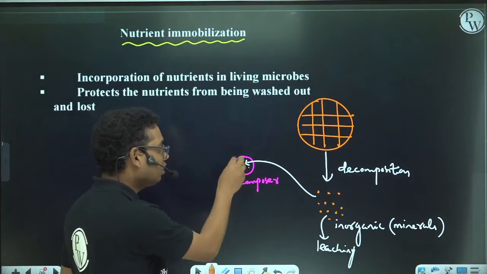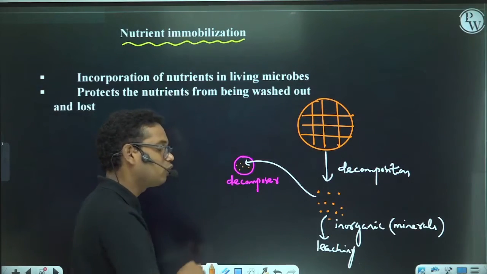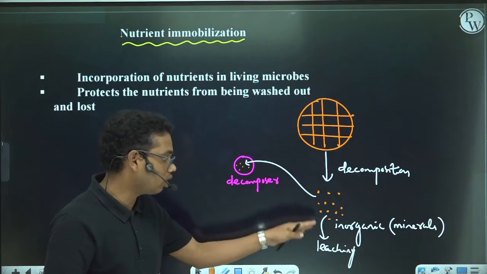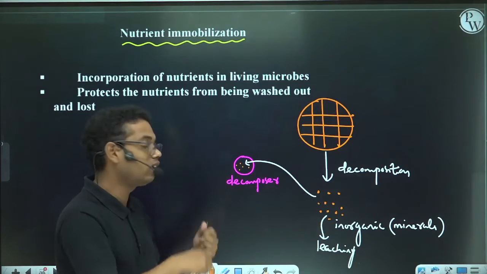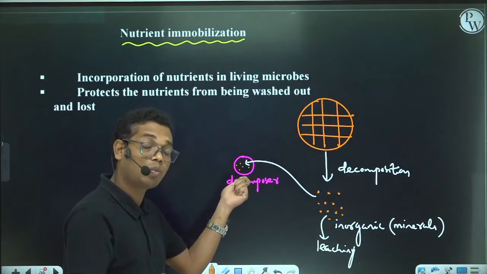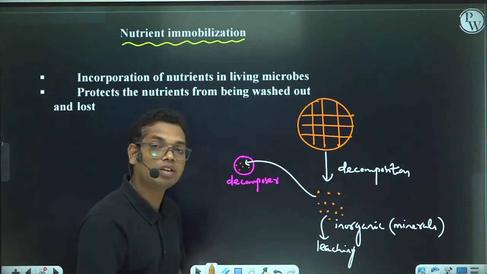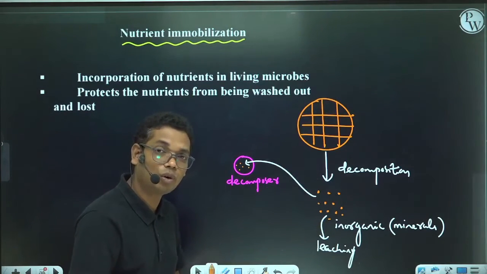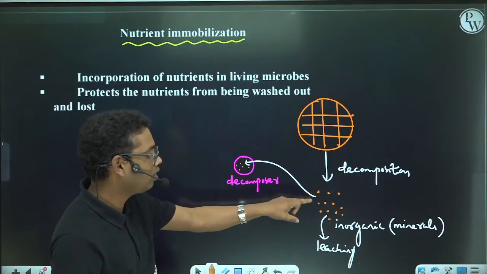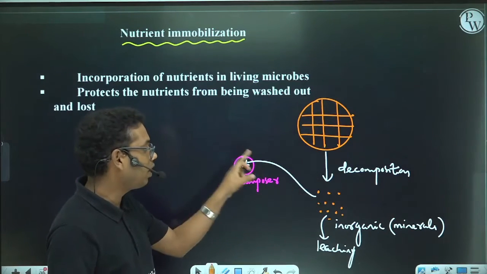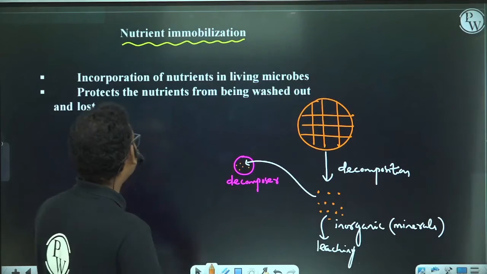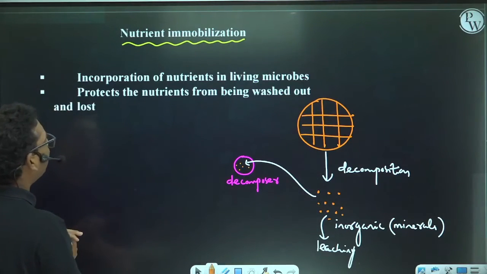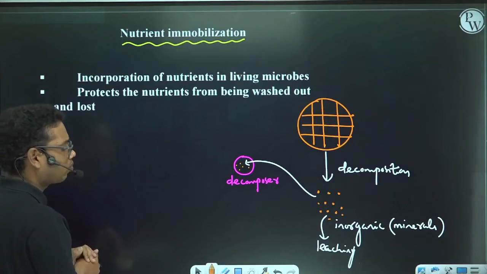These nutrients will not be leached. Those minerals which are not uptaken by the decomposer or microbe will be leached out with the percolating water. So this uptake of the minerals by the decomposer or microbe is known as nutrient immobilization, which prevents the leaching out of the nutrients.